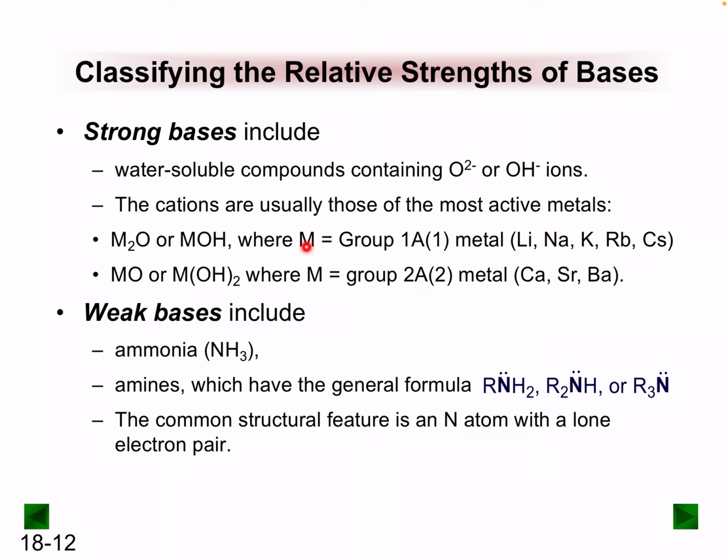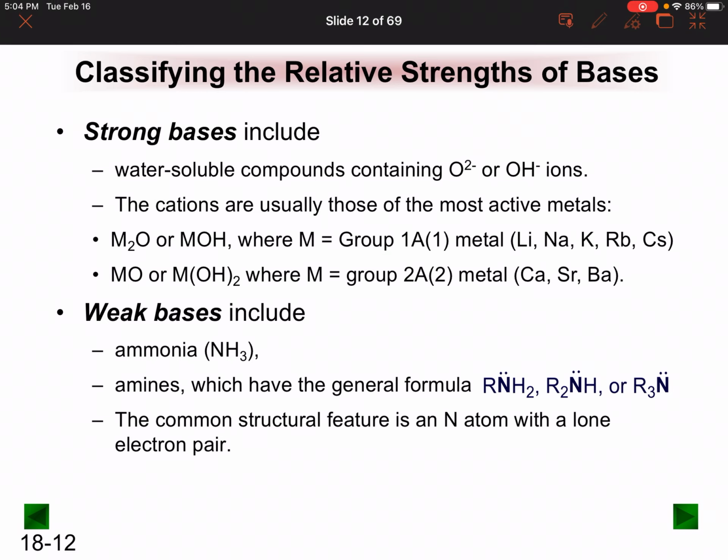Them and their oxides and hydroxides, they are strong bases. And also group 2 metal oxides or metal hydroxides, calcium, strontium, barium. Their hydroxides and their oxides are also strong bases.